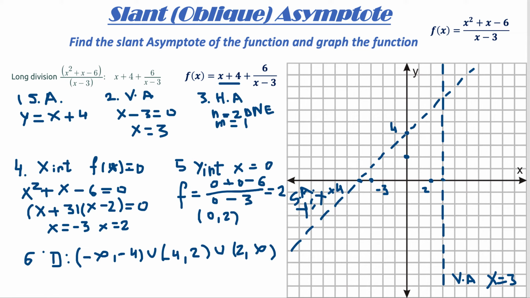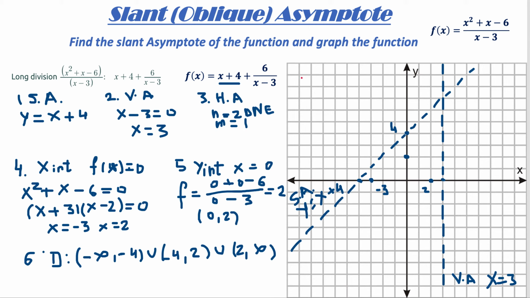And now what we are looking for is the graph of the function. So we have all these points. The function has to go through these 3 points.